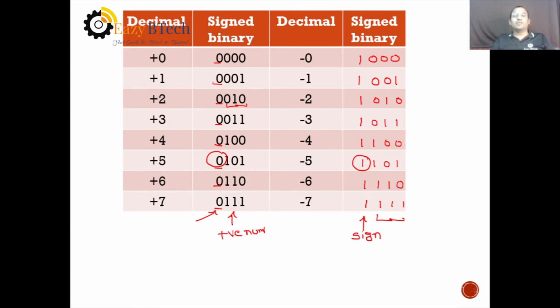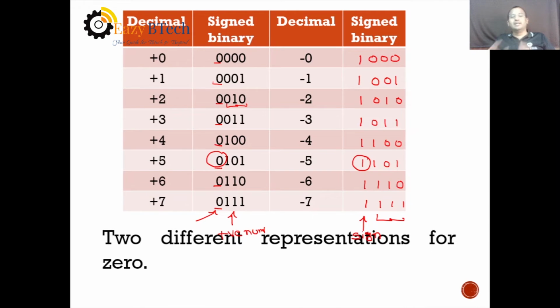Next we will see ones complement representation. But what is the drawback here? The major drawback of the signed magnitude representation is two different representations for positive 0 and minus 0. Why is this a drawback?